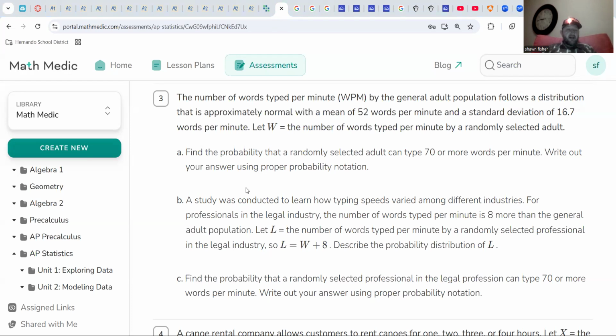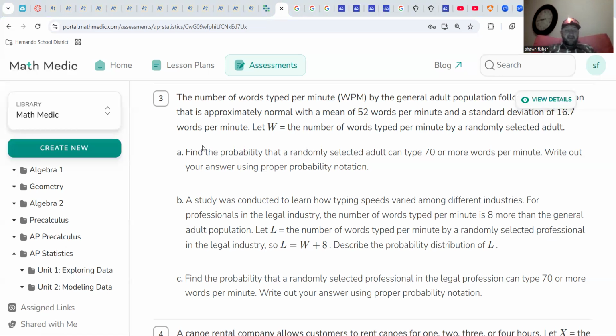So I'm going to do normal CDF. I'm still looking for that 70, all the way to infinity, 70 or more. But my mean now is 60 with a standard deviation that remains the same because I didn't multiply or divide.